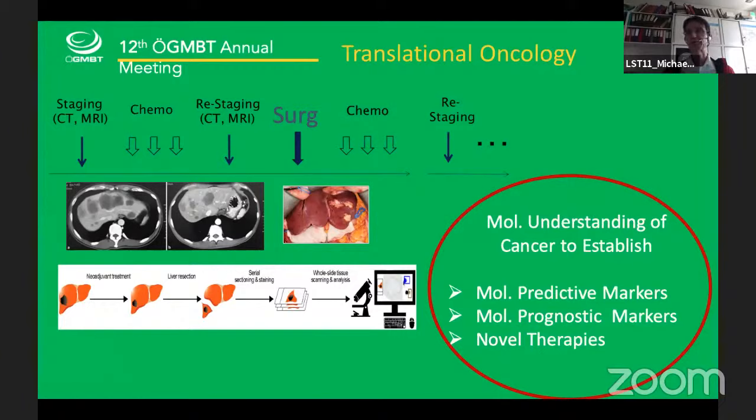Now this brings me to the chairs. There is Gerald Höfler, who couldn't make it today, but most of you might know him. He's professor of pathology and the head of the Institute of Pathology in Graz. I mean, he has an h-index of 52.